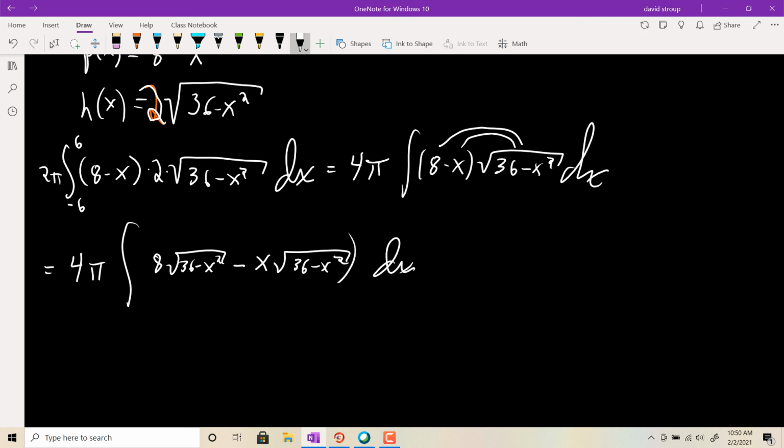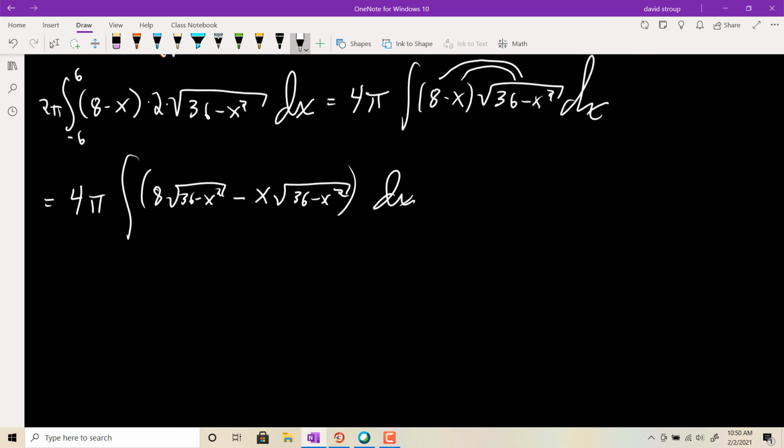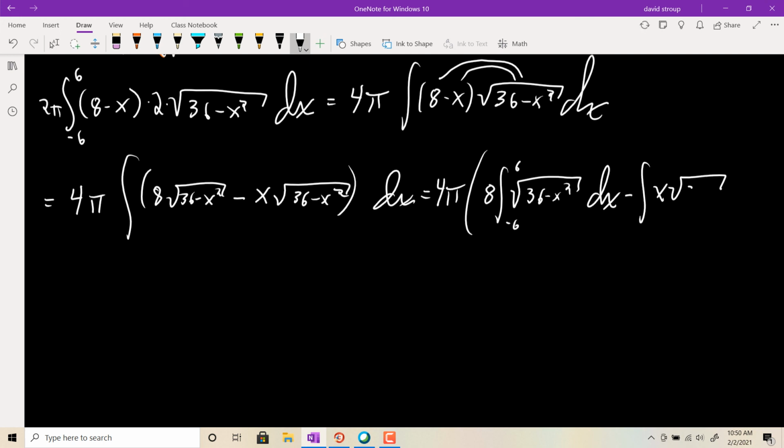Okay, so you have a difference inside the integral. You can split that then into 2 integrals, and you end up with 4 pi times 8 times the integral of square root of 36 minus x squared from -6 to 6 dx, minus the integral of x times the square root of 36 minus x squared dx from -6 to 6.